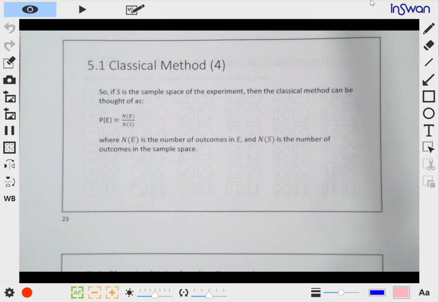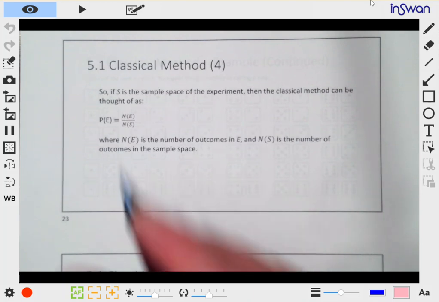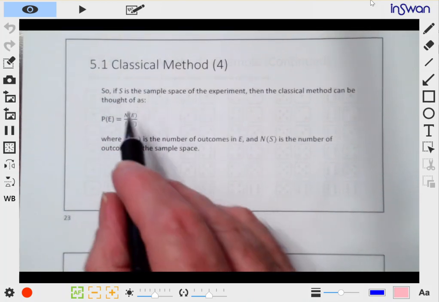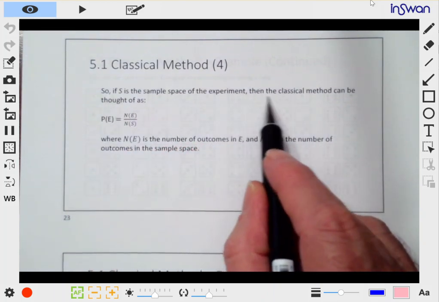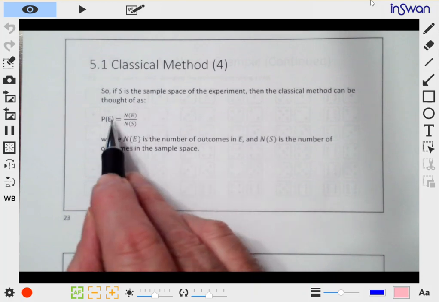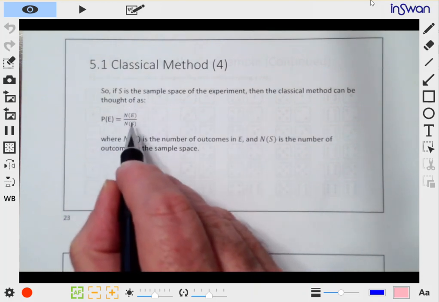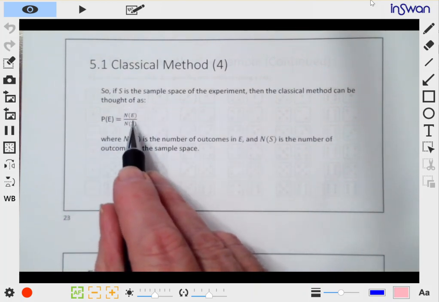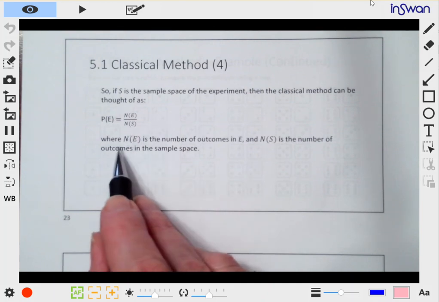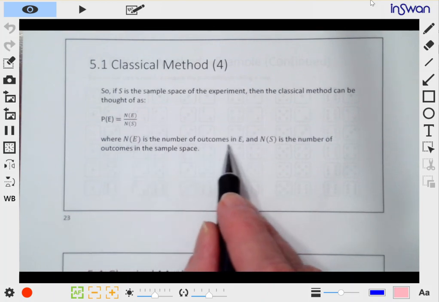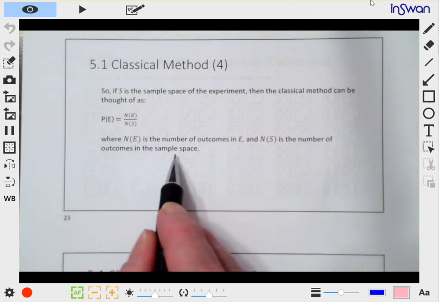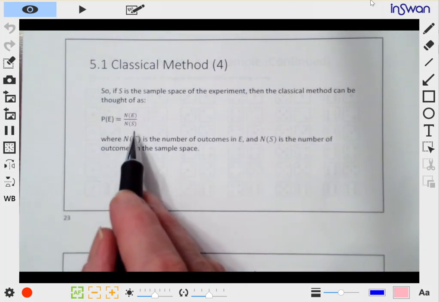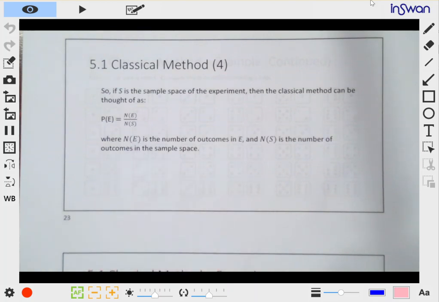So another way the book writes this: if S is the sample space of the experiment, then the classical method can be thought of as follows. The probability of E is N of E over N of S, where N of E is the number of outcomes in event E, and N of S is the number of outcomes in the sample space. So this is another notation that you'll see.